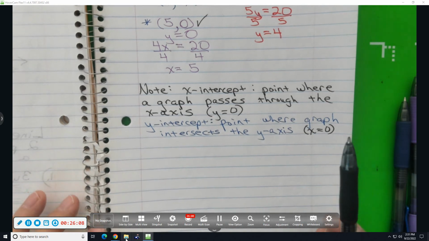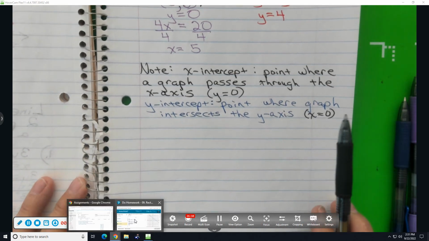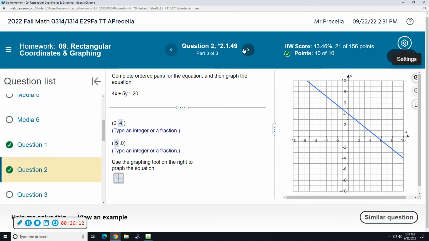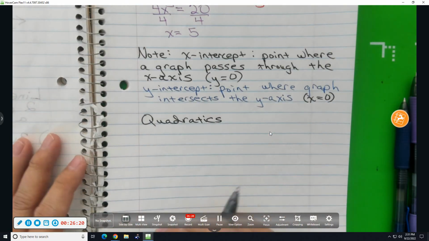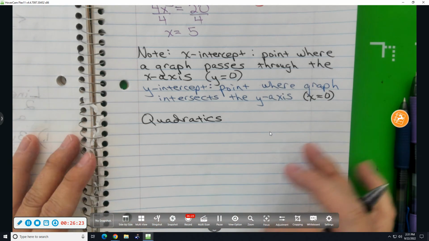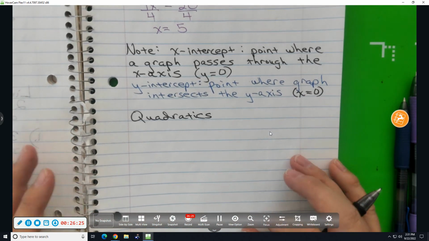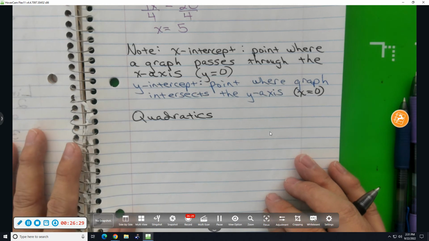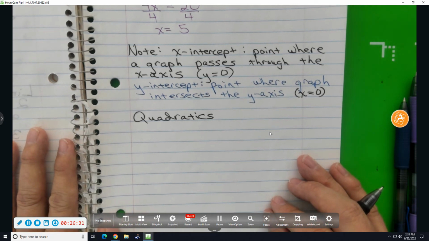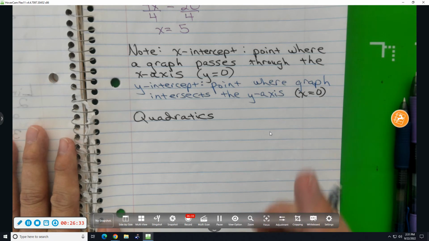And the second type of figure we're going to graph is quadratics. Now, you don't need to switch it over yet. Quadratics. Hey, we've solved quadratic equations. To be a quadratic, what exponent must we have appearing on the x variable? An x squared, okay?